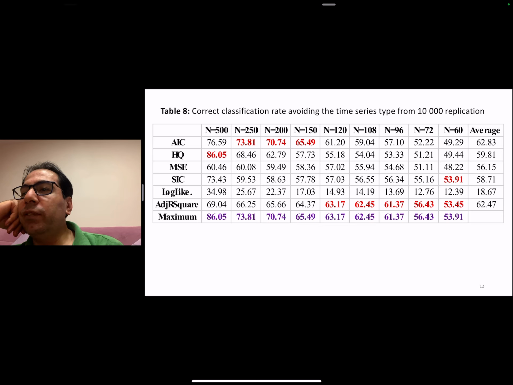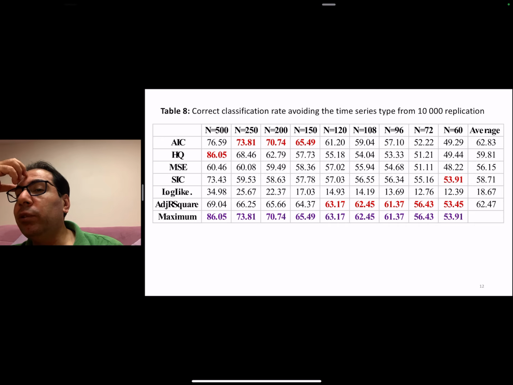And the Schwarz information criterion, I made a mistake here, 53.99 is not very much. For small sample sizes, the Schwarz information criterion is also nice, and the log likelihood we can avoid.